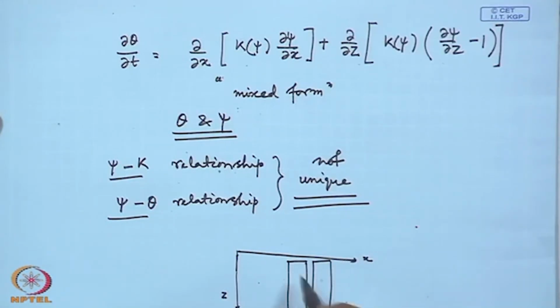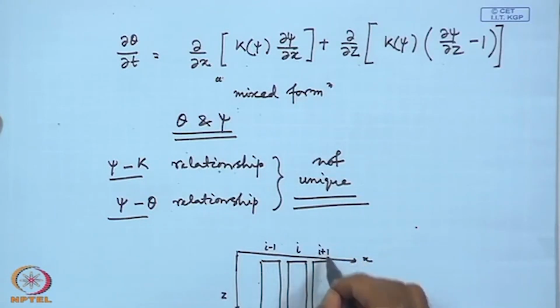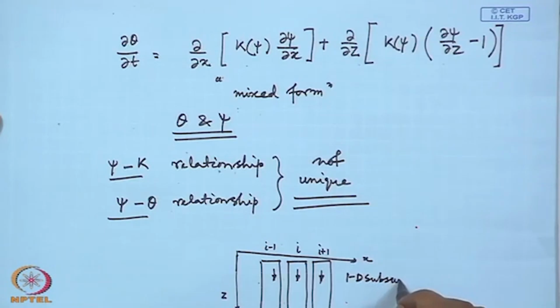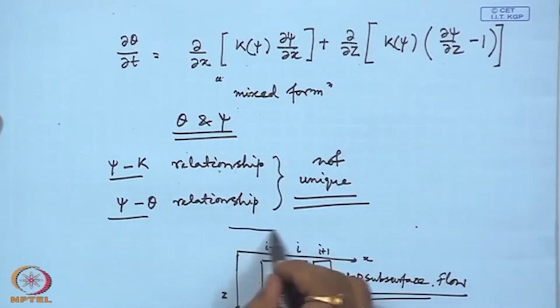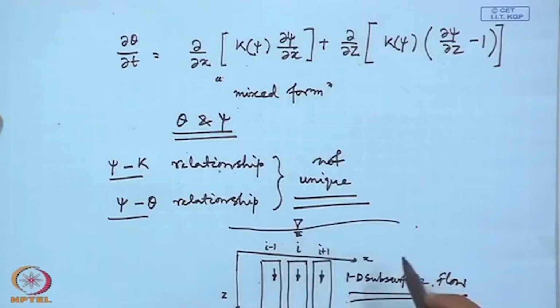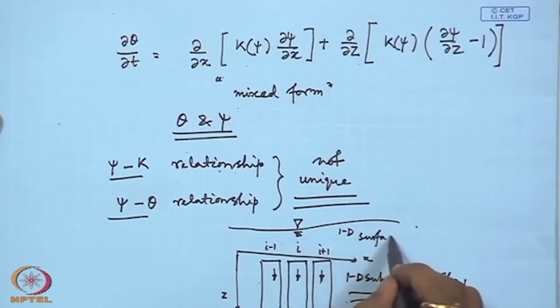Then we have regions like this where this is the ith cell, this is I minus 1, this is I plus 1, and from here we have 1D subsurface flow, and above that we have the water level and 1D surface flow.